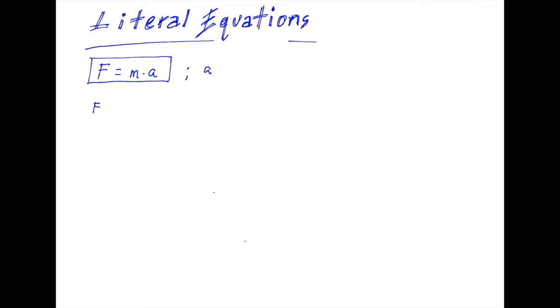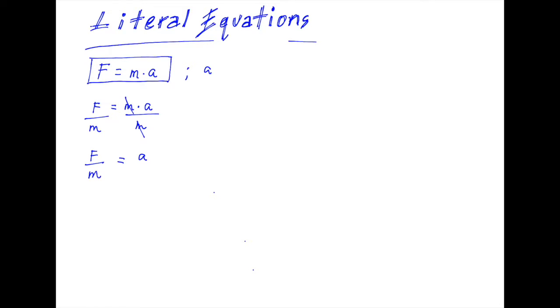Simply, F equals MA, divide both sides by M since we're looking for A. Our goal here is to simply isolate the variable A on one side. So A is equal to F over M.